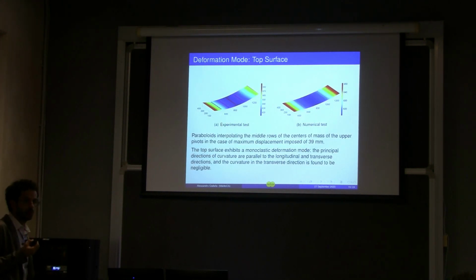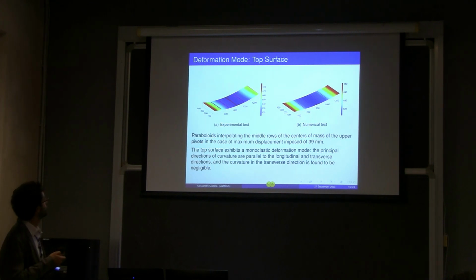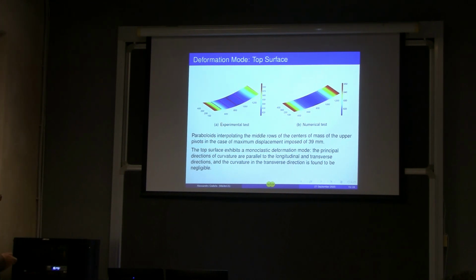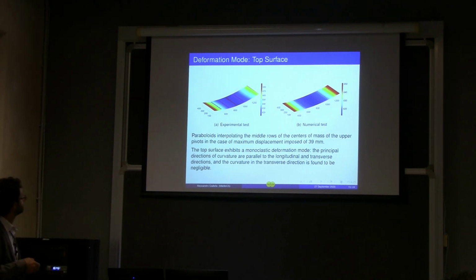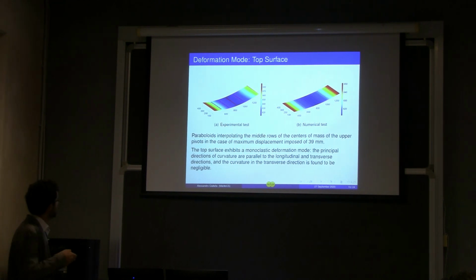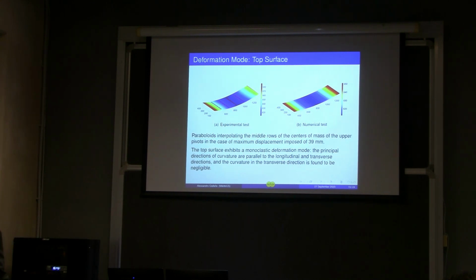And we can analyze the deformation mode of this top surface. For instance, in this case, this is the experimental and these are the numerical results. We interpolated the top rows of pivots to see how the paraboloid interpolates these pivots, and what we found is essentially a monoclastic deformation.